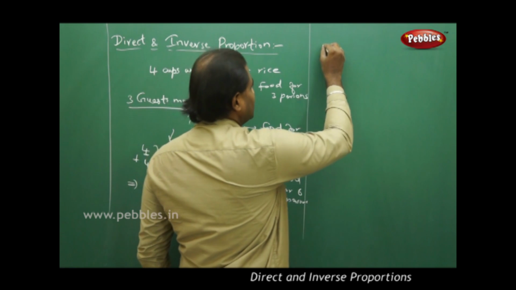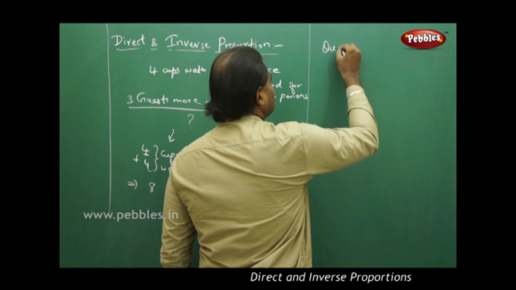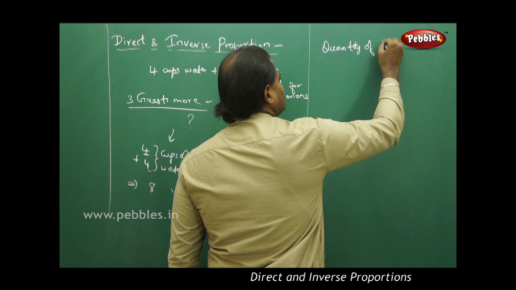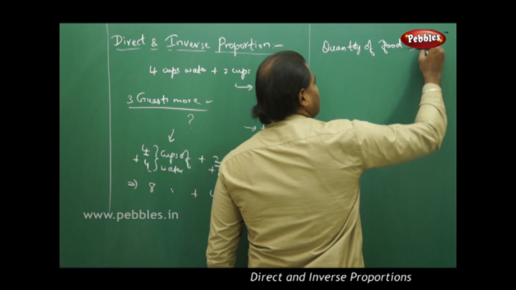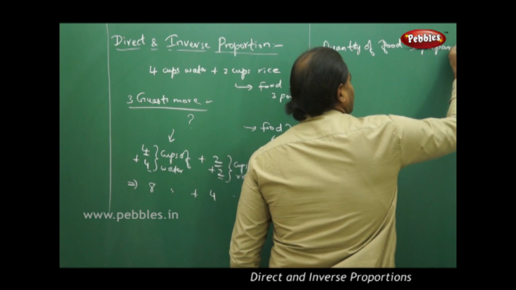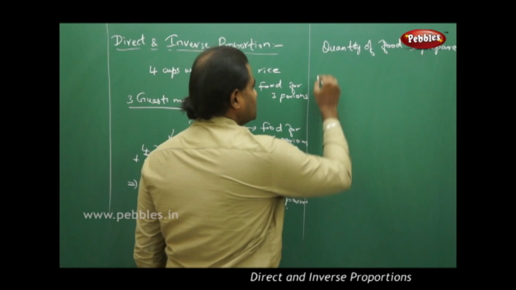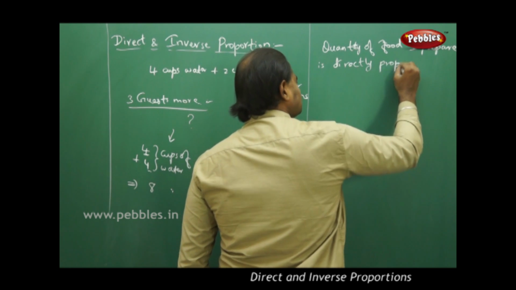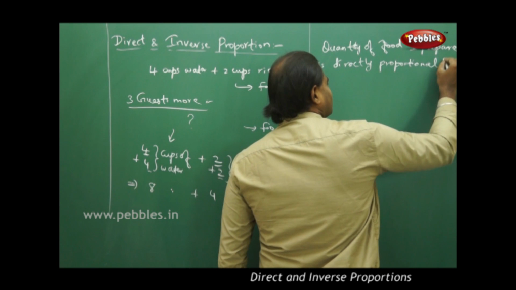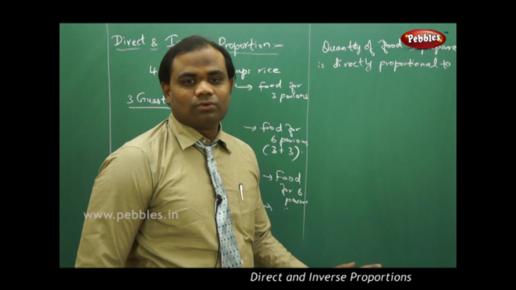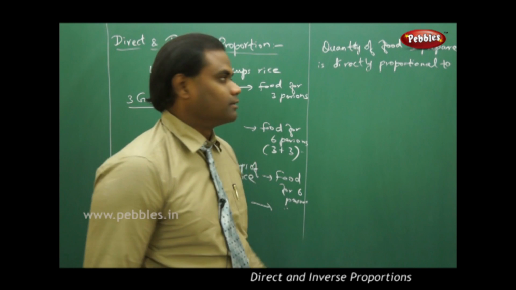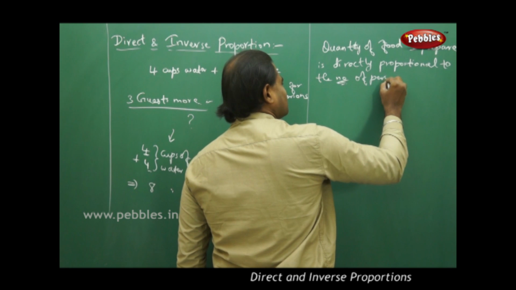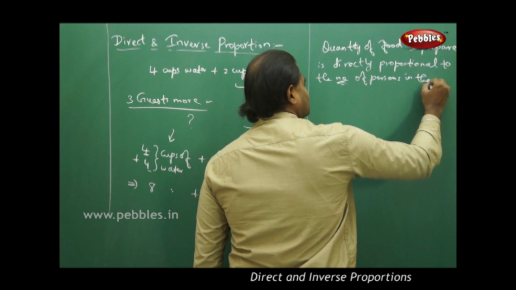So here I identify that the quantity of food I prepare is directly proportional to the number of persons in the house.